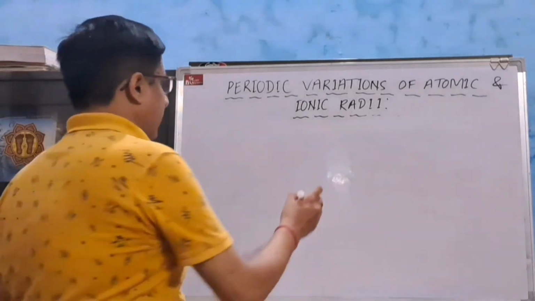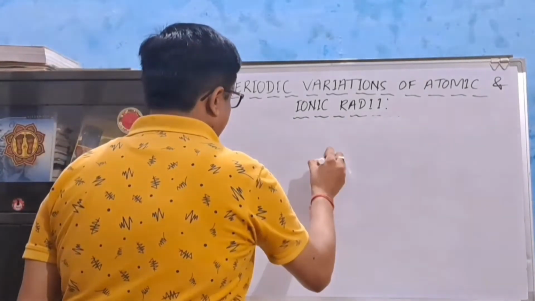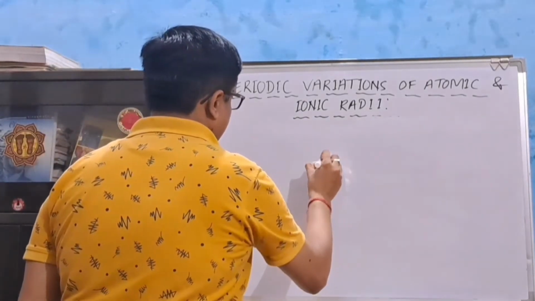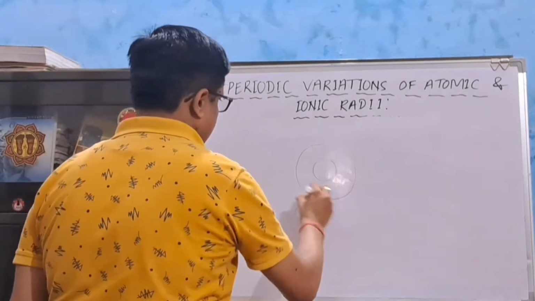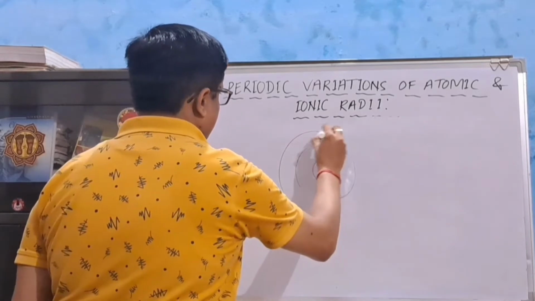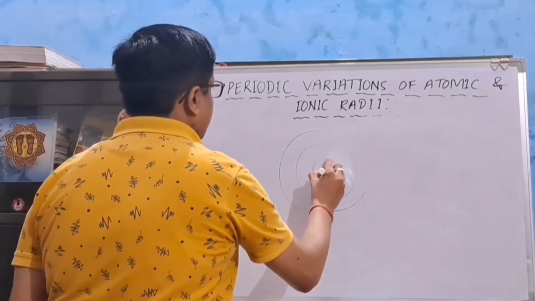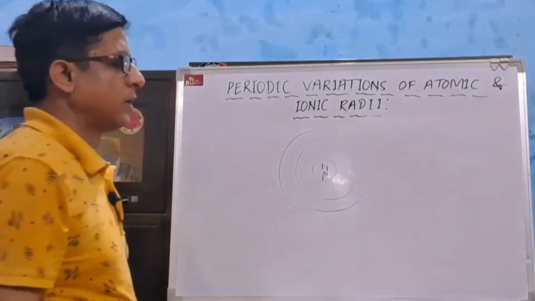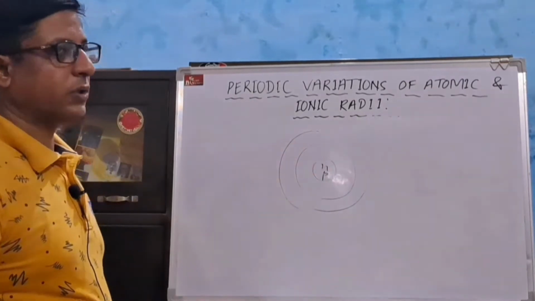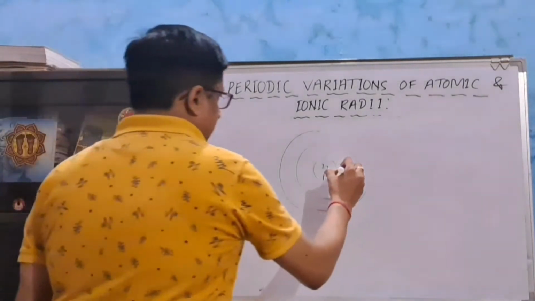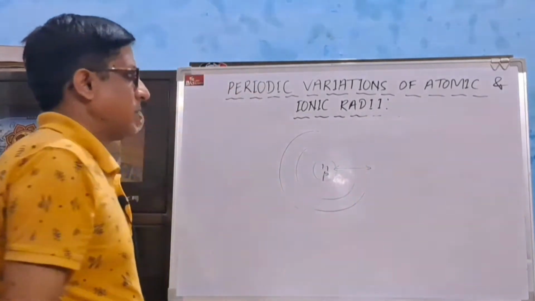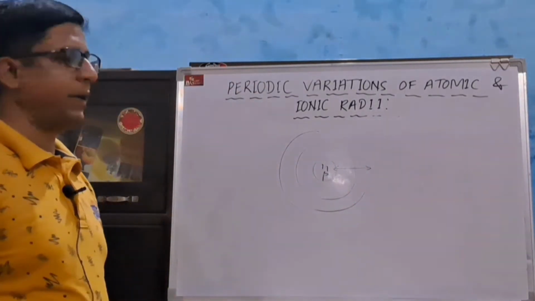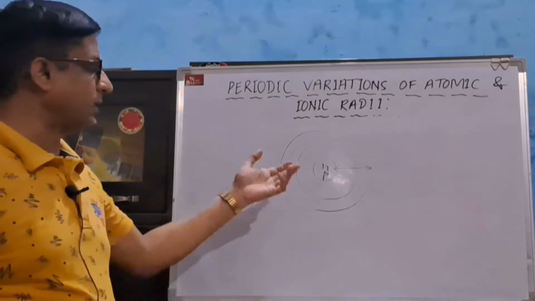For example, if we take an atom, this is the nucleus, in which neutrons and protons are present, and electrons are revolving in the orbits. Then this distance is known as atomic radii.